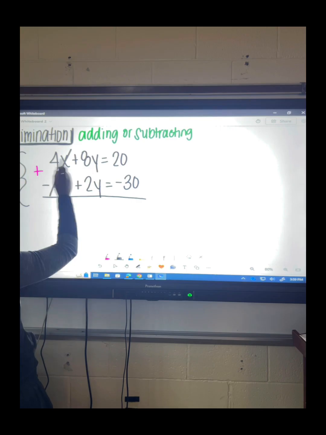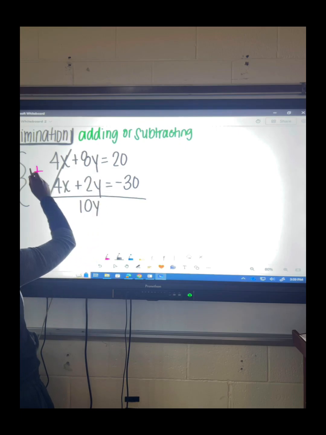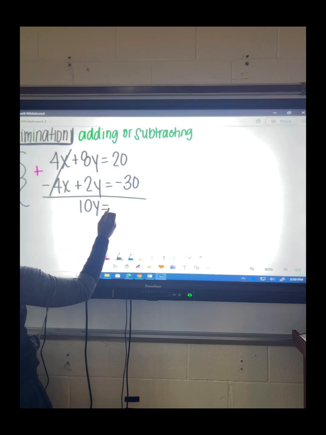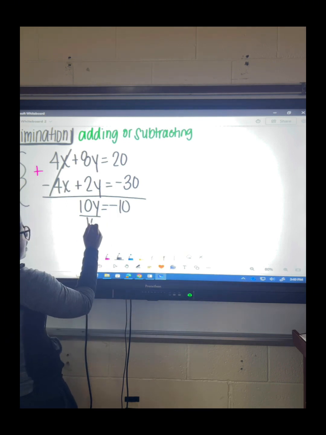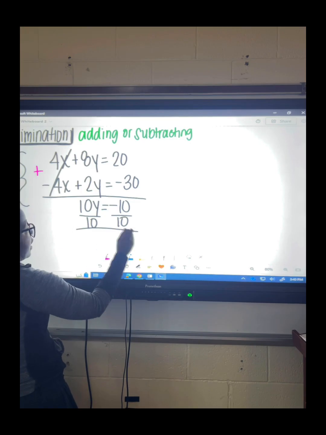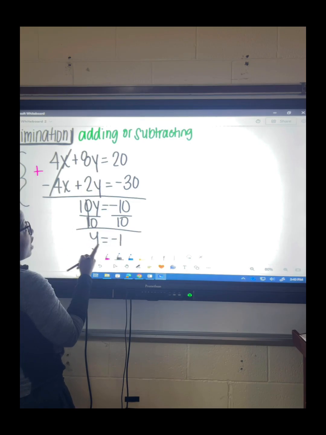When I say 8y plus 2y, I get 10y. When I say 20 plus -30, I get -10. Right? Now all I got to do is divide by 10, and y equals -1. Okay, so I got y.